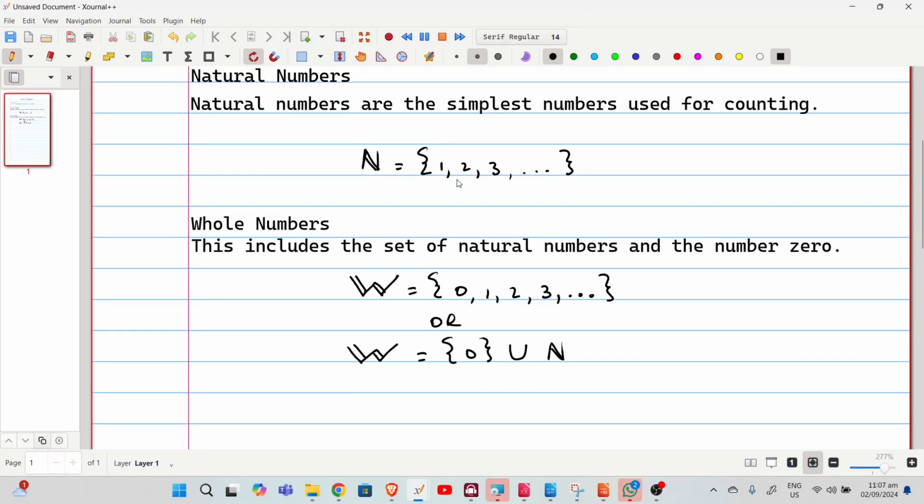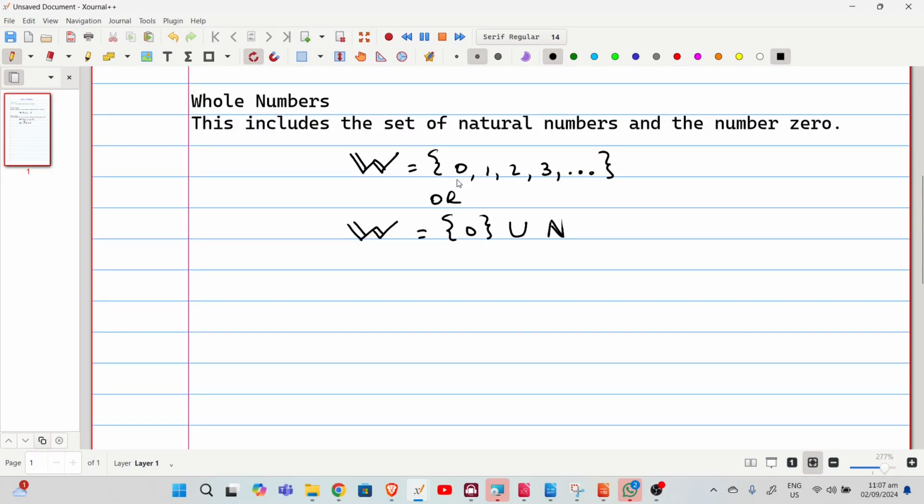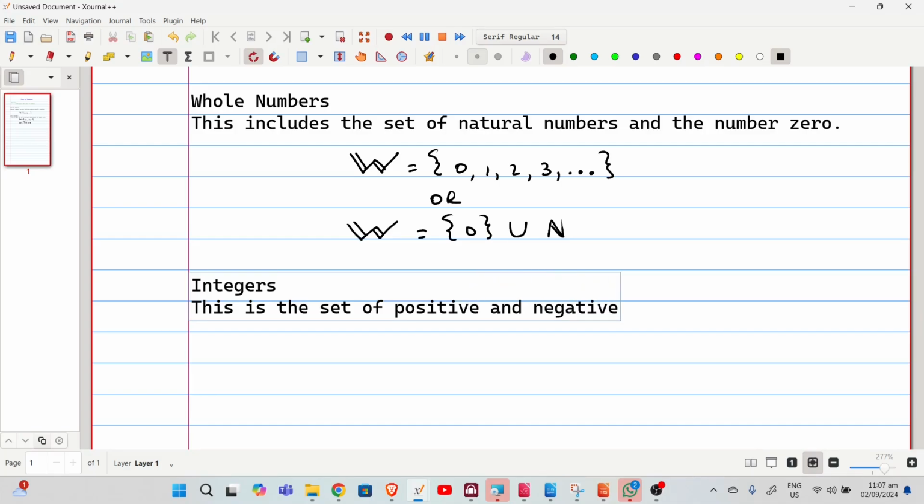Now, once we're done with whole numbers, we're going to talk about integers. So the next set of numbers after the whole numbers is the integers. This is the set of positive and negative natural numbers and 0.